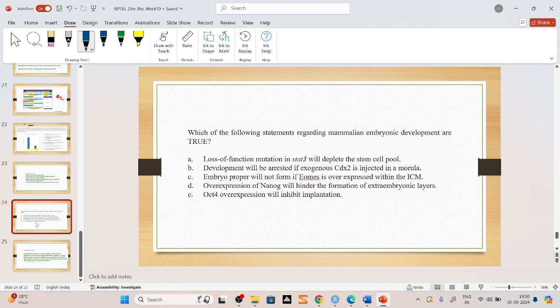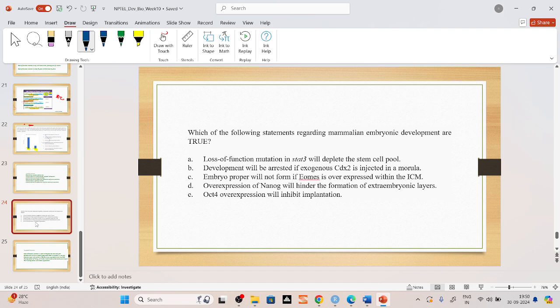So if there is a loss of function mutation in STAT3, the stem cell renewable property would be affected, and new stem cells will not be generated. When new stem cells are not generated, your stem cell pool would get depleted. So your first option is correct.